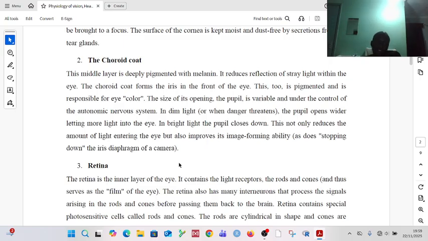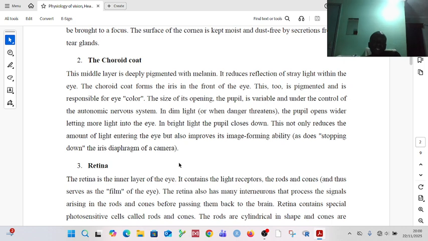So for example, if you are in dim light, in a dark place, the pupil will open wider so that more light can get into the eye. But if you are in an area that is too bright, then your pupil will reduce its diameter. By reducing its diameter, it is reducing the amount of light that is entering the eye.